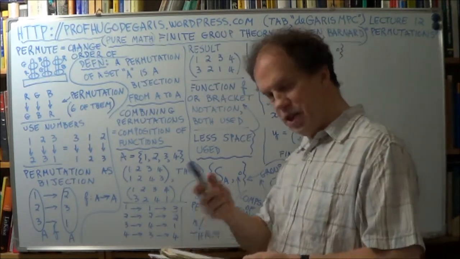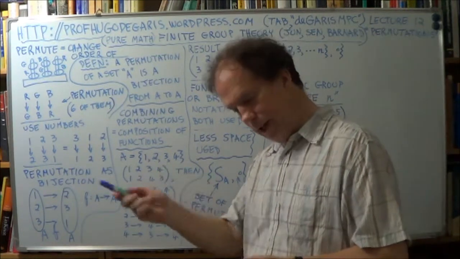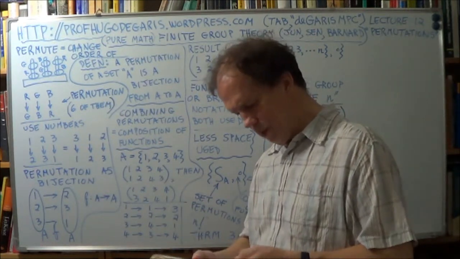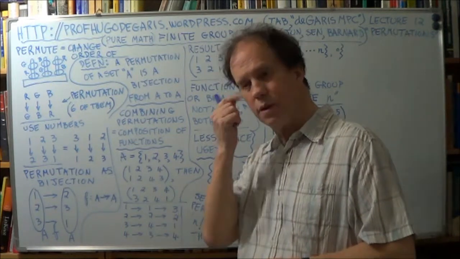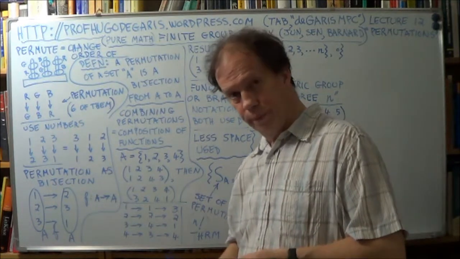The set of bijections from a set A to itself, so A to A, together with the operation of composition, in other words, followed by, is a group.